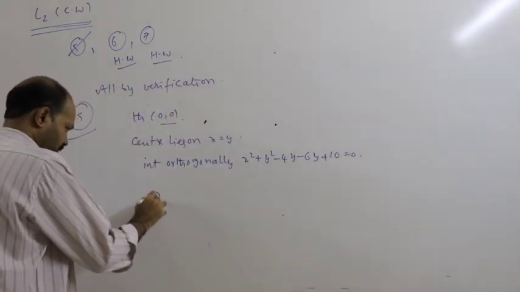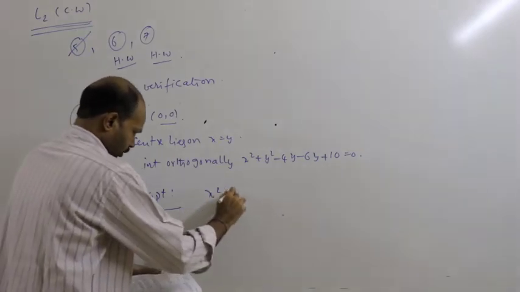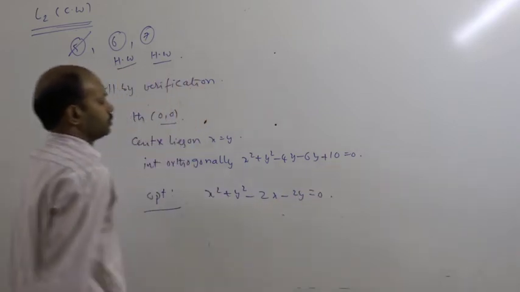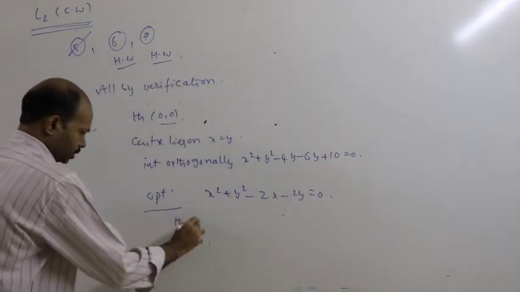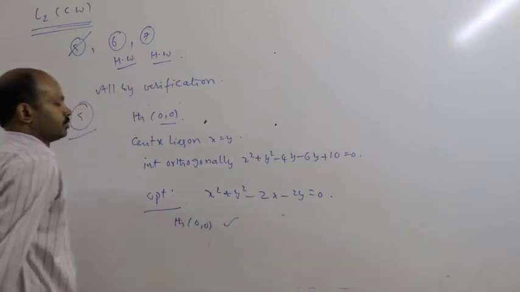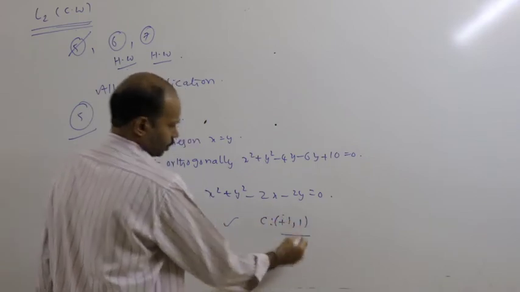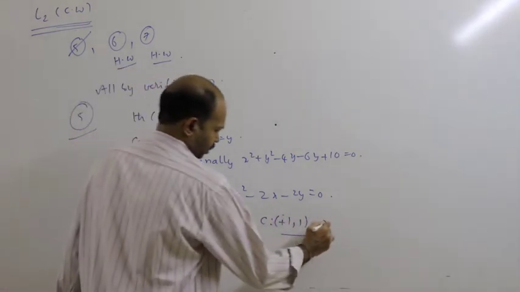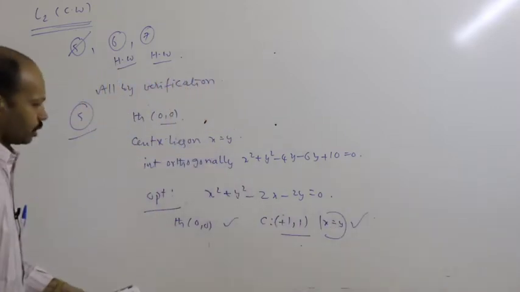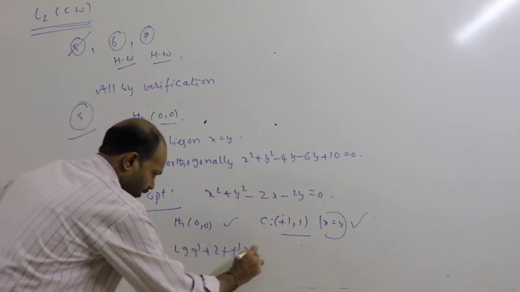I am selecting one of the options, say x square plus y square minus 2x minus 2y is 0. It was passing through 0, 0: 0 plus 0 plus 0 and 0, so satisfied. Center is minus g, minus f, that is 1, 1. That means it lies on the line x is equal to y. Now verify the orthogonality: 2g g dash plus 2f f dash.